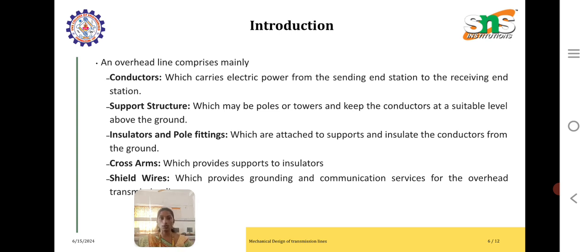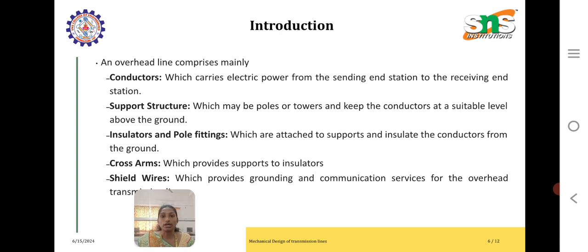The purpose of a conductor is to carry electrical power from the sending end station to the receiving end station. The support structure may be poles or towers, and keeps the conductors at a suitable level above the ground.